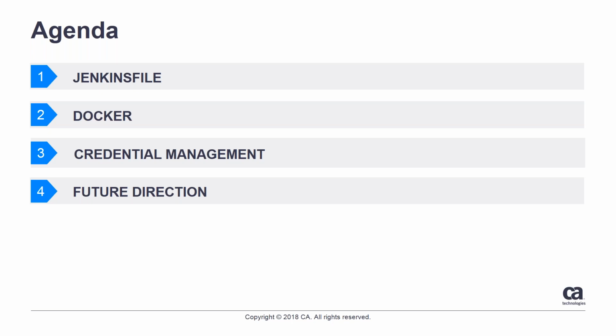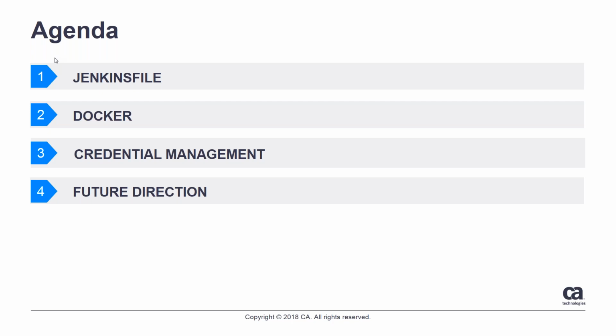Because what we have seen so far is we had a script that made use of Brightside commands to interact with the mainframe, but how does that tie in to Jenkins as a whole? So we'll go through this agenda. First, we'll talk about the Jenkins file, then we'll talk about how we're running this in Docker, how credentials are managed, and then talk about some future direction we have to make this process even more seamless and improve using Brightside in this environment. So first off, let's talk about the Jenkins file.